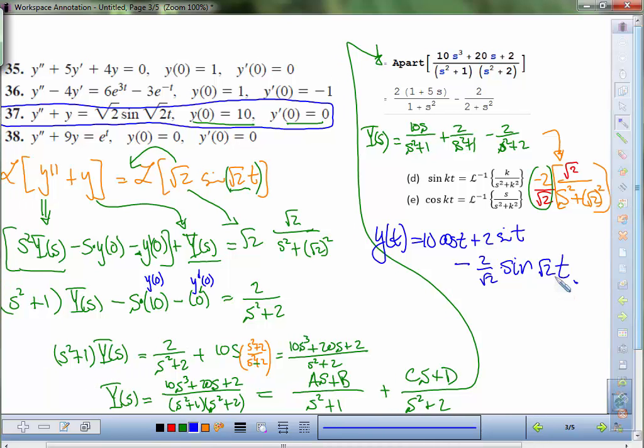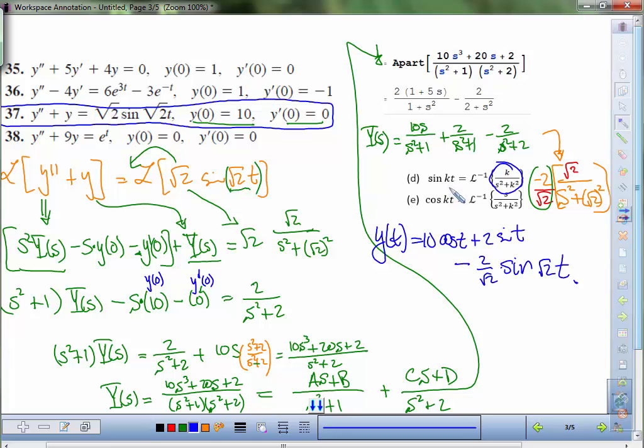Yeah? So in the second one, 1 and 2, they don't match. Yeah, but the 2 is a constant that would be taken out anyways. But when in the general term it says sine kt equals, why didn't we write k sine equals, or a constant? Because this isn't equal, this is a transformation. This is a transformation to take us back to t. And it's not like we're taking the derivative or anything.